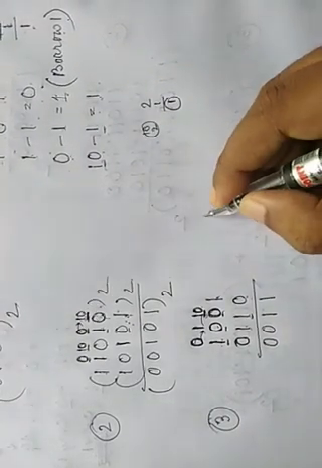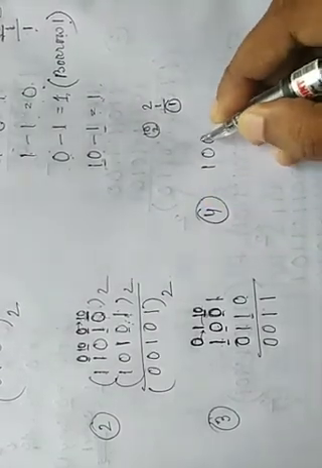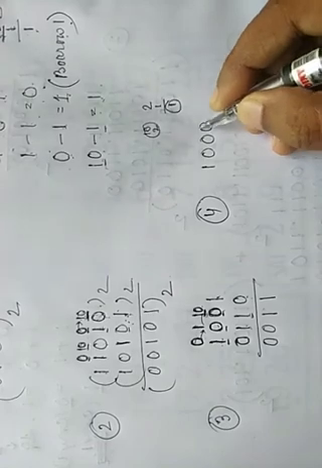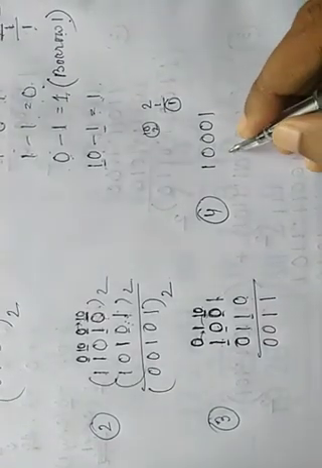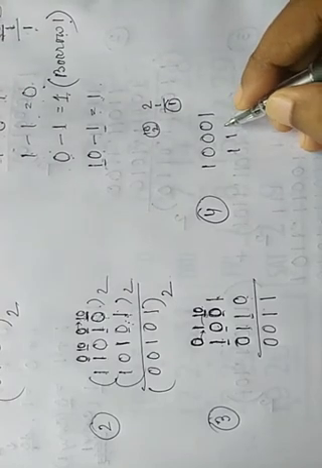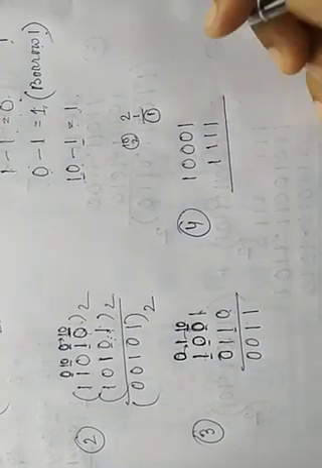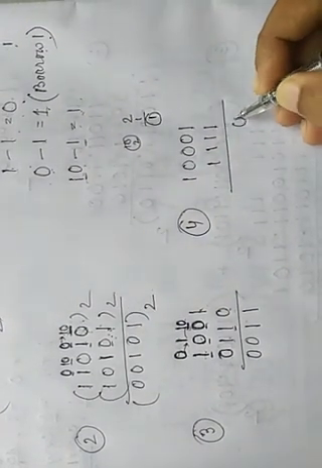Again I will show you another example. Suppose 10001, and now 1 1 1 1. Okay, now 1 minus 1 is 0.